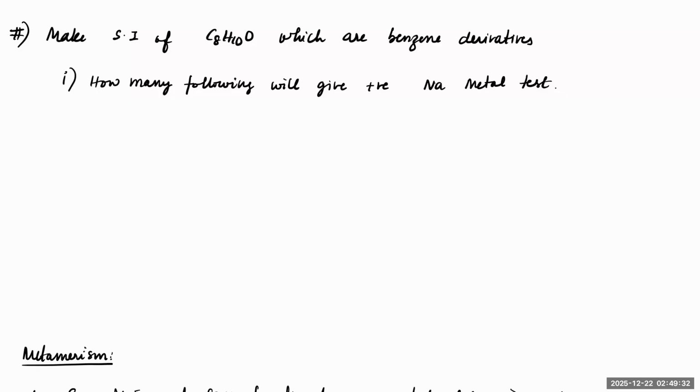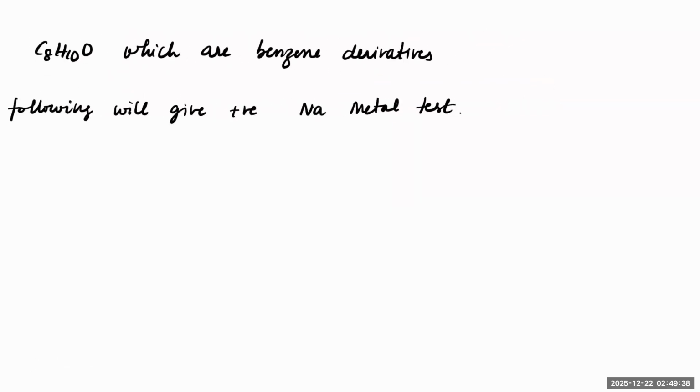Now, what do you mean by positive metal test? In simple terms, if the oxygen is connected with hydrogen, then there will be a very high electronegativity difference, and when you react with sodium metal, sodium will be able to release at least one electron, and that electron can combine with this hydrogen and give out half of H2 gas like this.